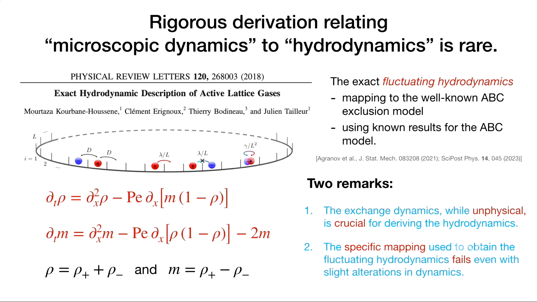In this hydrodynamic space and time, you can find the equation of this sort, where rho is basically the total density and m is like a polarization or magnetization, basically the difference between these two densities.